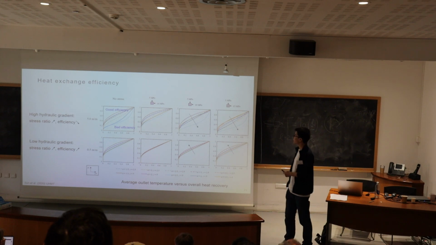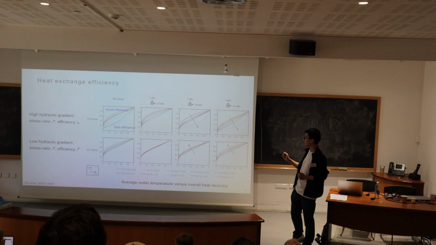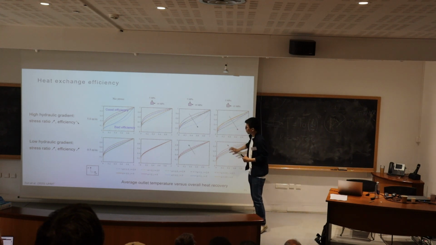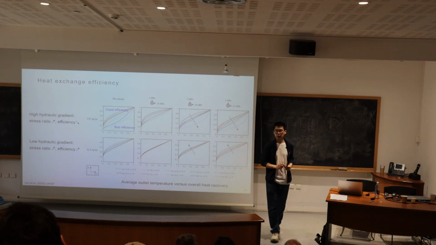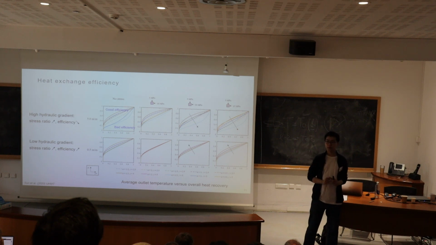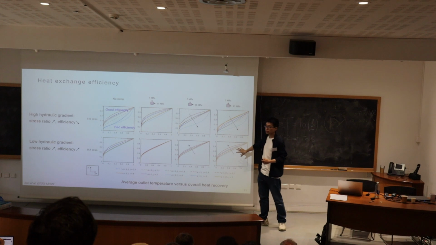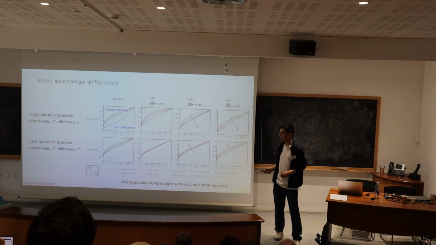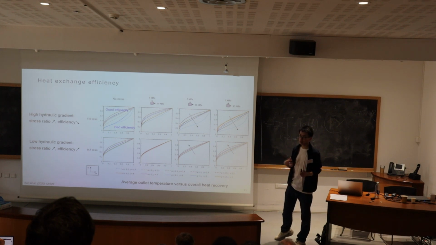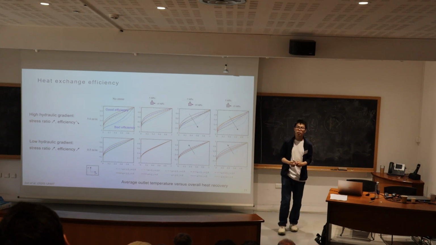So what we can see is that for the high hydraulic gradient, when the stress ratio increases, the efficiency decreases. For the low hydraulic gradient case, when the stress ratio increases, the efficiency somewhat increases. So this is also diverse behavior of the system, and this THM model offers us a way to capture the emergence of this qualitatively different behavior.